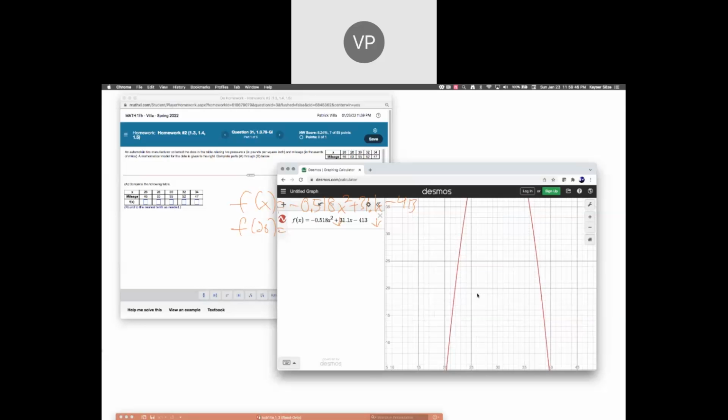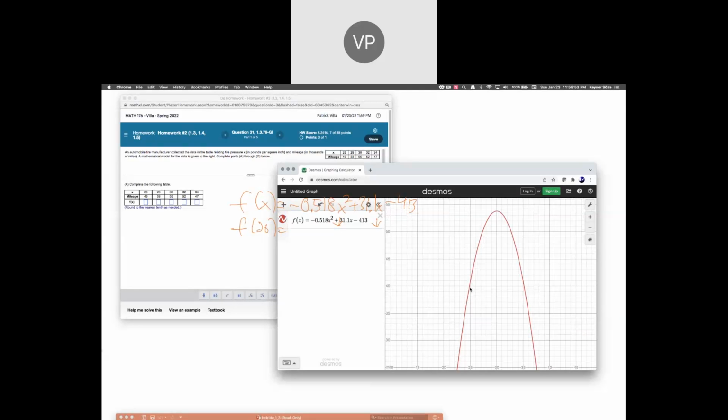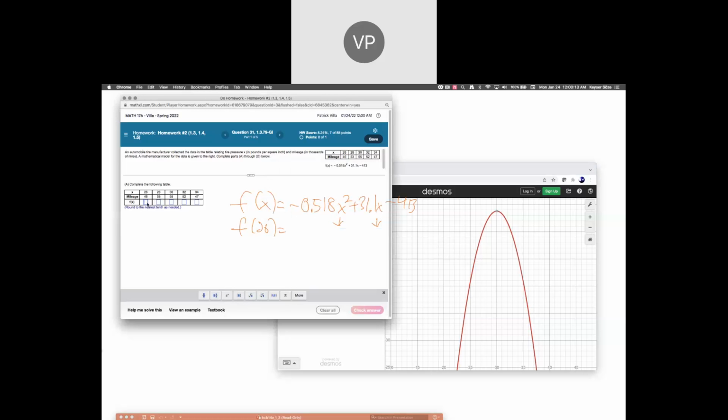Now you just have to follow the line up a little bit. And as I hover around or click on it, I just want to go until I find 26. Eventually, right on it. Right there, we have 45.432. That's what they're asking.